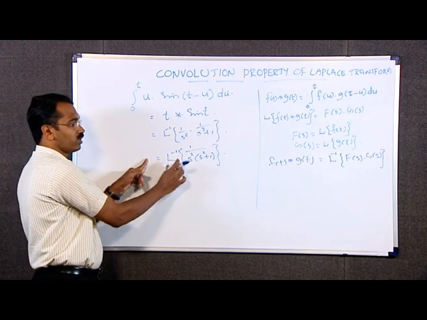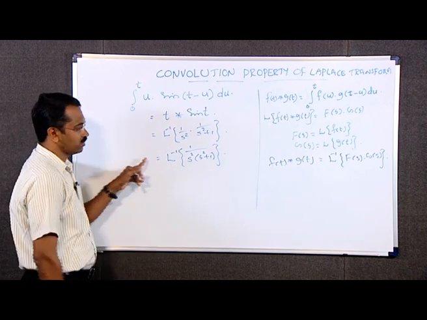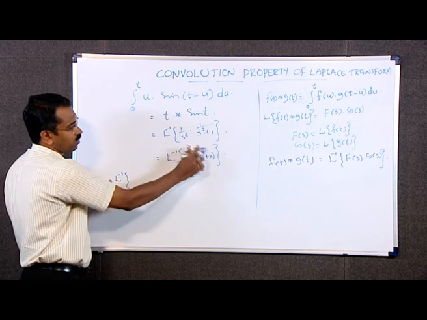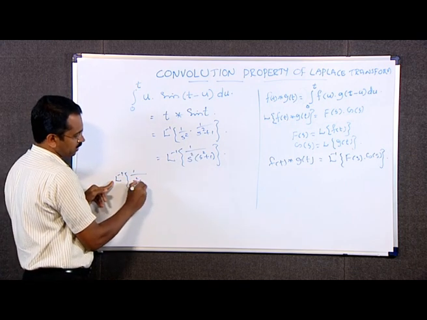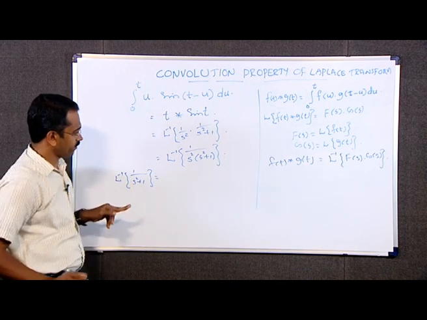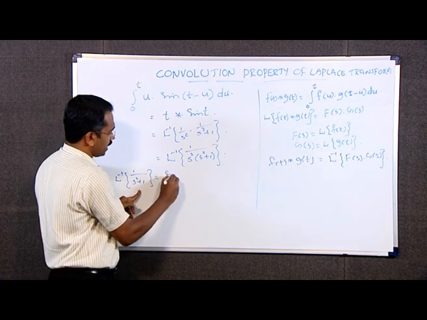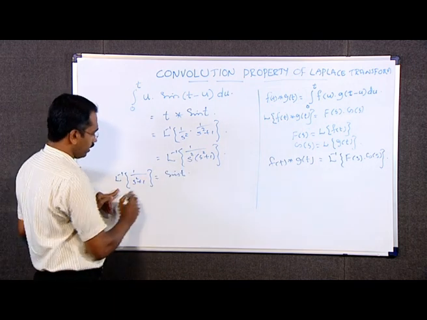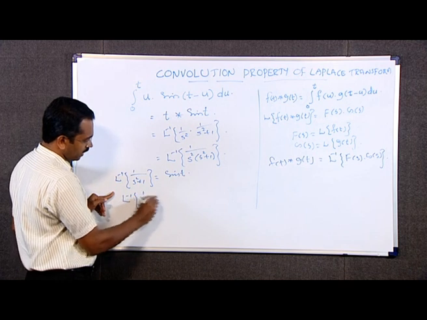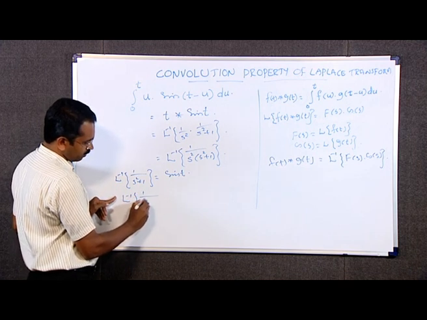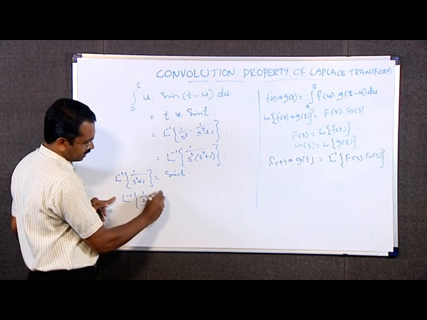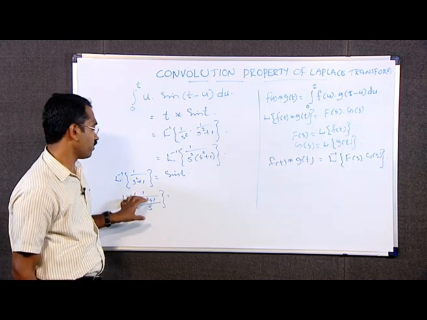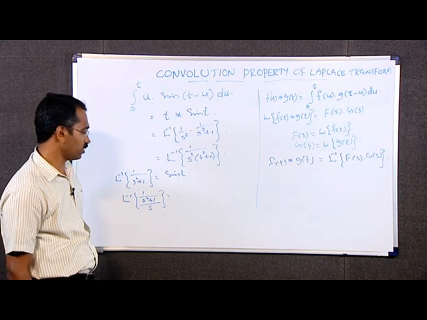Now, in order to find this inverse, we have L inverse of 1 by s square plus 1 is sin t. Then L inverse of 1 by s square plus 1 divided by s, that is we have the property division by s in the inverse.